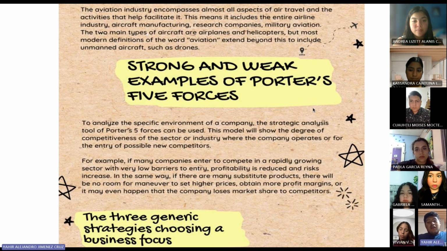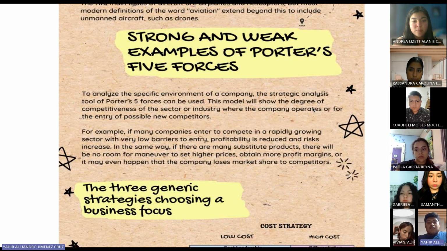For example, if many companies enter a competitive and rapidly growing sector with a very low barrier to entry, profitability is reduced and risks increase.